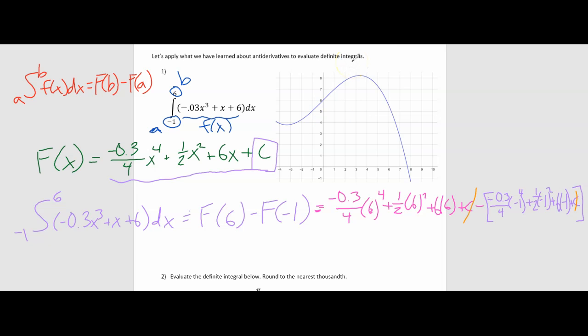Because I have a plus c and then I'm subtracting the function, so I'll be subtracting a c. So when you're doing a definite integral, you don't actually need to worry about the constant of integration. You don't need to worry about that c value, because when you subtract one from the other, those c's are going to simplify.